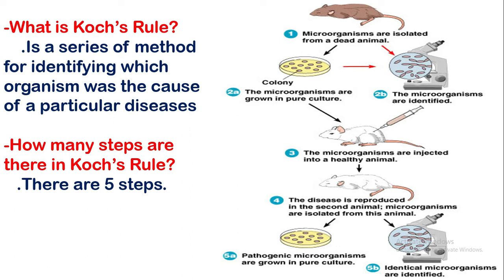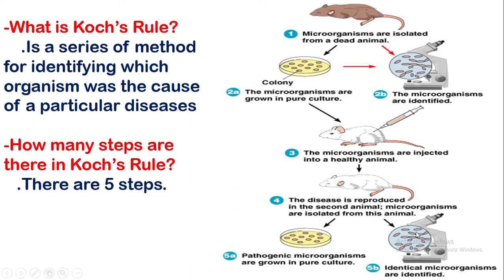And then we inject this microorganism into another healthy animal. Normally we always use the rat or the mouse because it's a mammal like us, like human. So the microorganism here is injected into the healthy animal here.